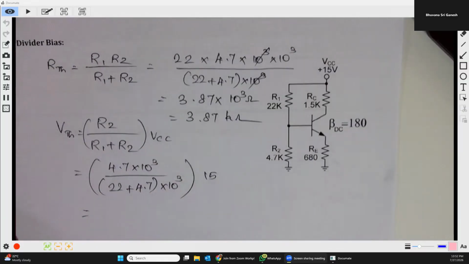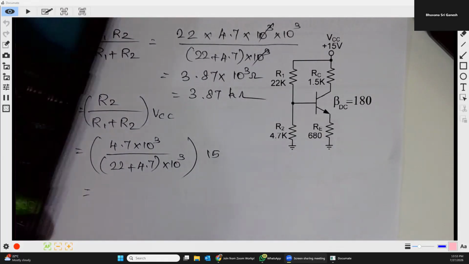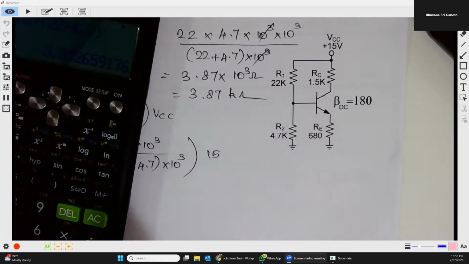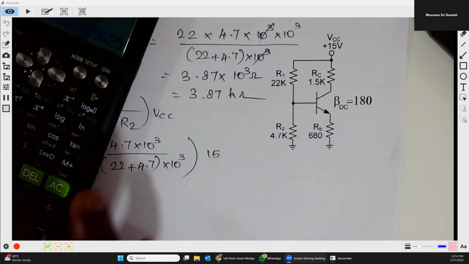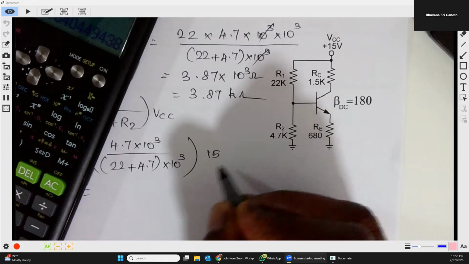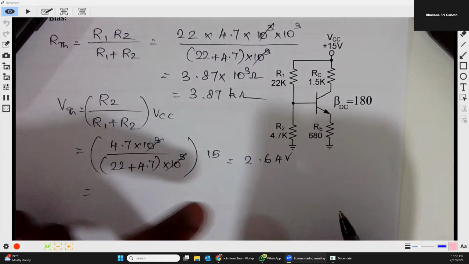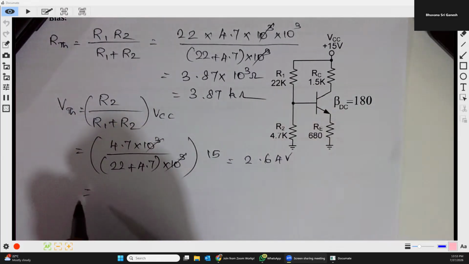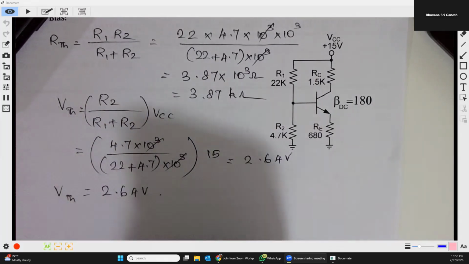Here 22 plus 4.7 is 26.7 in the denominator, 4.7 in the numerator. 4.7 divided by 26.7 times the supply voltage 15 equals 2.64, and the 10 power 3 will get cancelled, so 2.64 volts. So VTH equals 2.64 volts. Finished. Two things we have found.